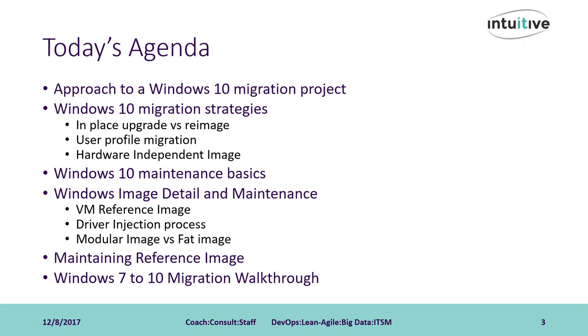We'll then take a look at the approach to follow when building a hardware independent image. We'll then take a look also at the Windows 10 maintenance basics. So how to keep Windows 10 up to date and how to patch it using Patch Management Solution.